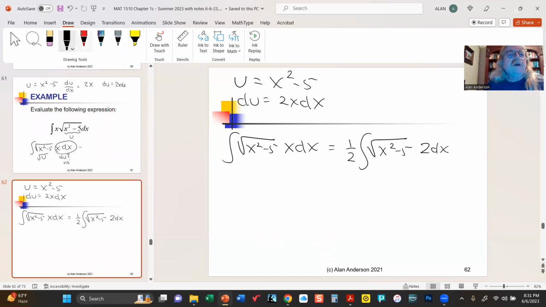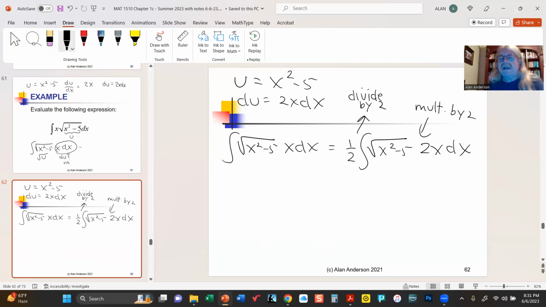Oh, sorry, no, it's 2x dx. Now, did I change anything? I multiply by 2. And then I multiply by half, but it's the same thing as dividing by 2. So in other words, my result is exactly the same. I haven't changed anything. And yet what I've done is created a more convenient expression, because look what I have now.